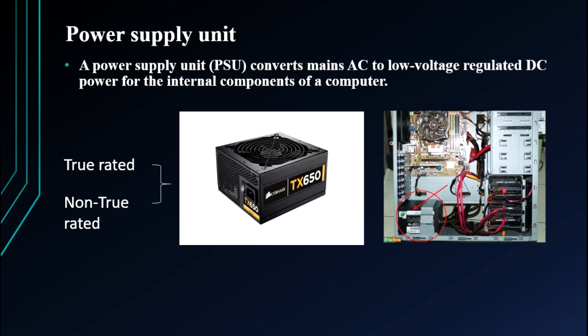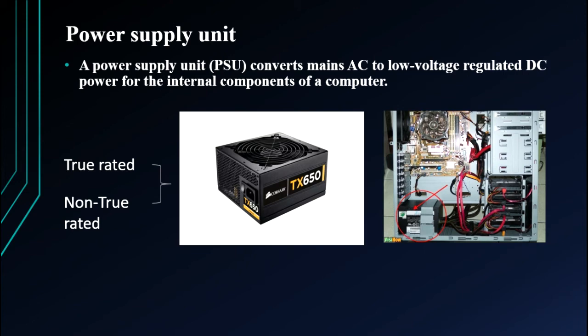A non-true rated power supply uses low voltages, which is used by our low spec computers, like those for browsing only. So it is for the cheaper kind of computers that are not power consuming. It is just recommended to use non-true rated to save on electricity.